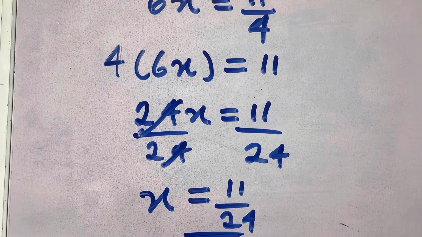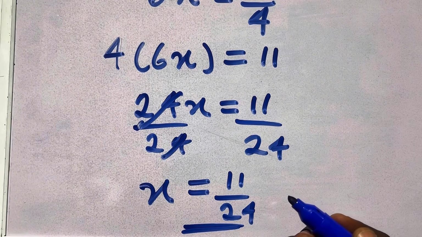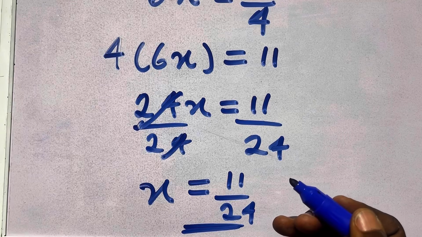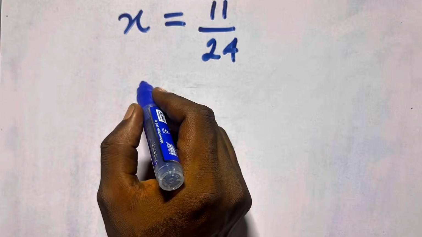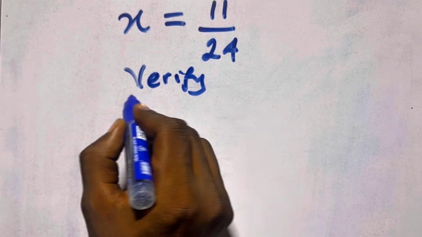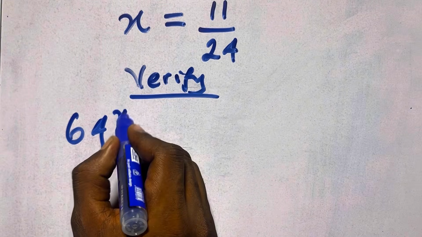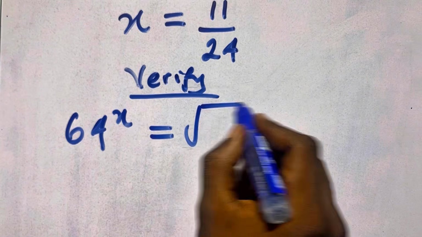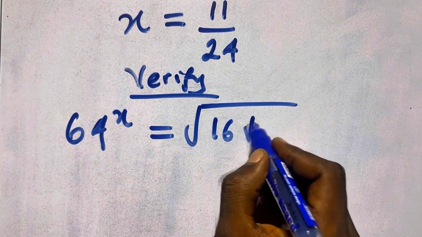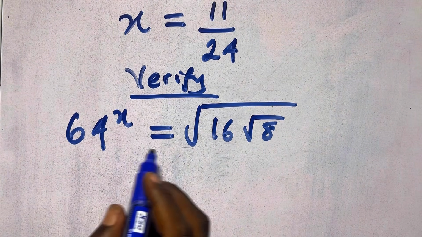But let's say we are in doubt of our value of x, then what should we do? Let's verify. We take 64 raised to the power x equals 16 times square root of 8, and substitute this x into the equation.